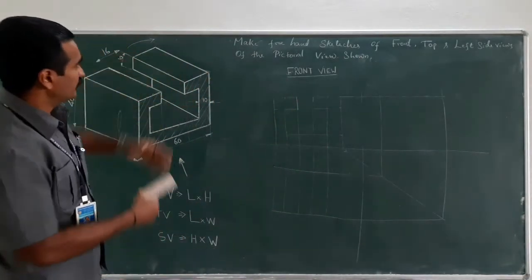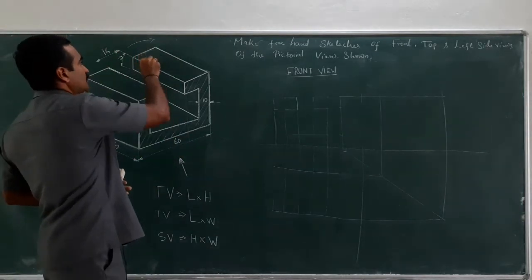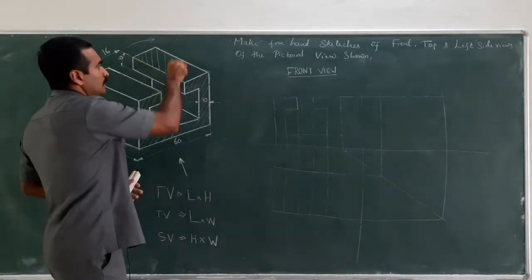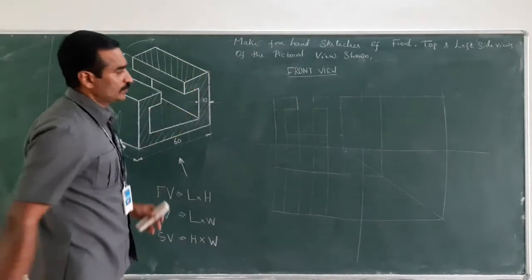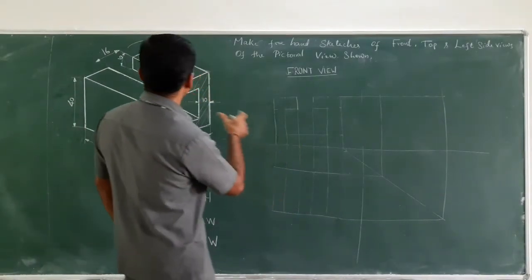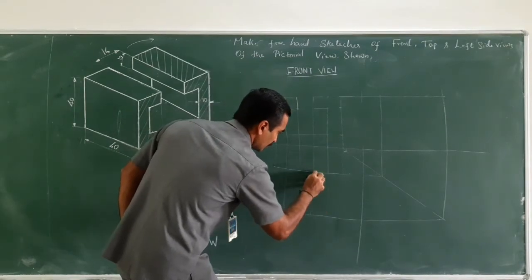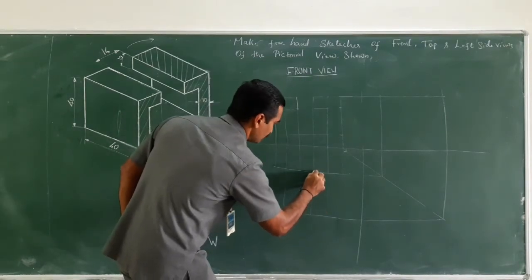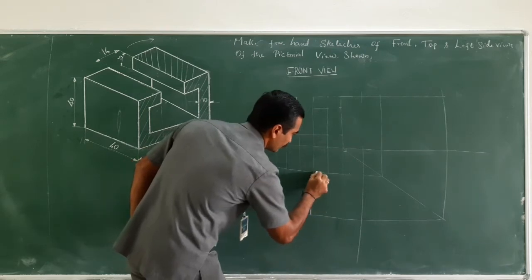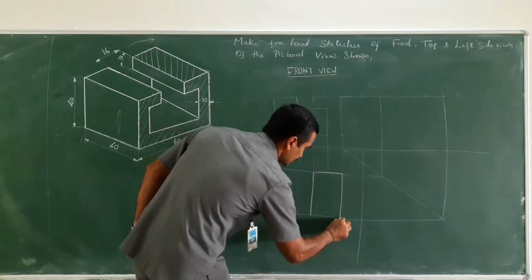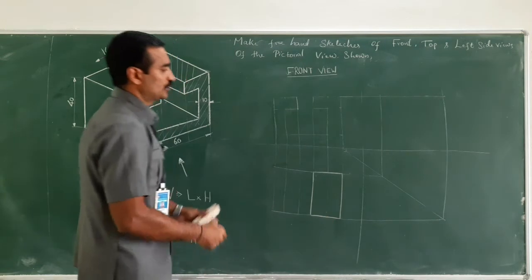When you look at from here, this particular portion is visible. This particular rectangle is visible here, which is nothing but this portion. So this is the rightmost portion.